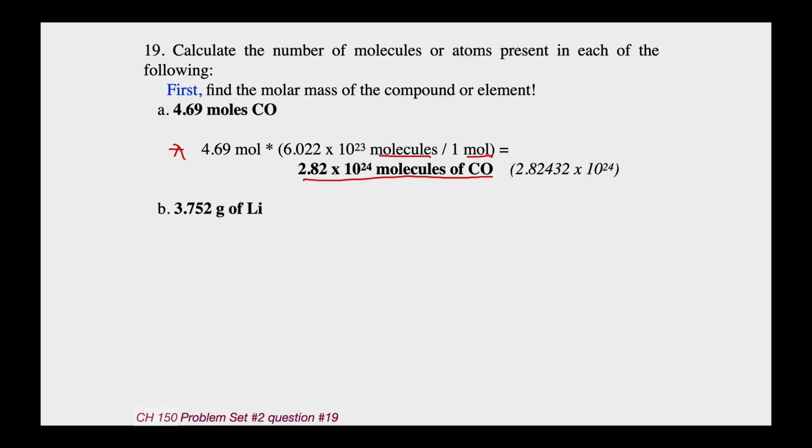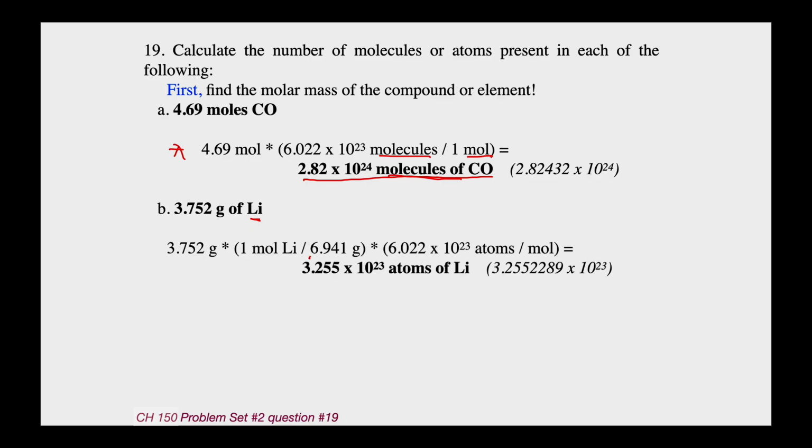And by the way, CO is a compound, so that's why we're using molecules. But on the second one, lithium is an element. The smallest piece of an element is an atom. So the second one, we're going to find atoms. Anyway, backing it all up, grams to moles first for lithium, then moles to atoms using Avogadro's.